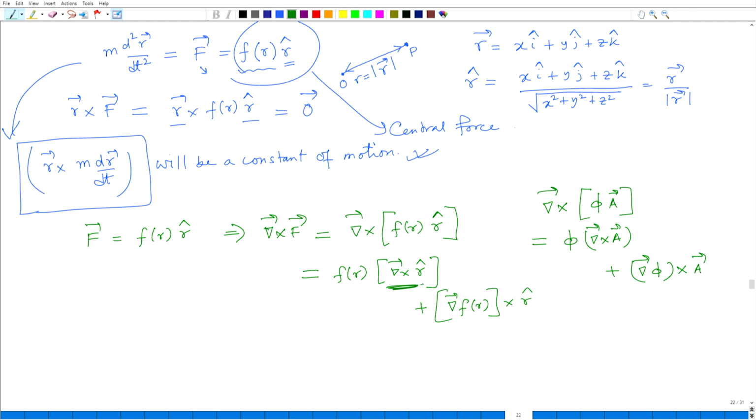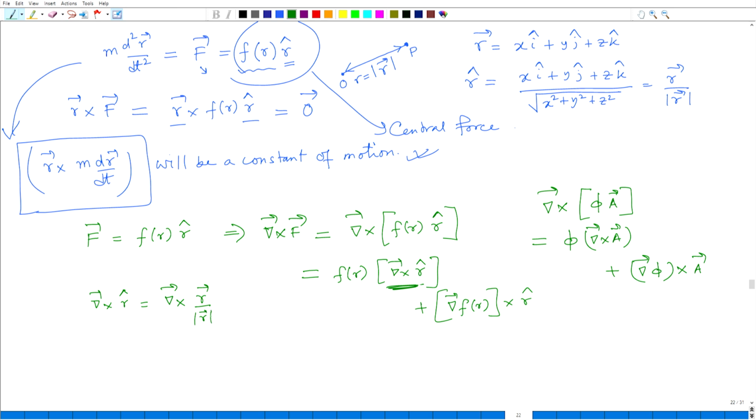Now, this is very interesting. This is curl of r cap, which is actually curl of r vector by modulus of r.